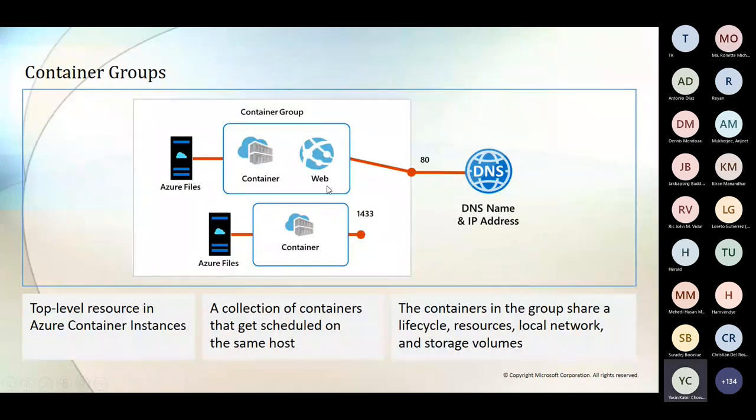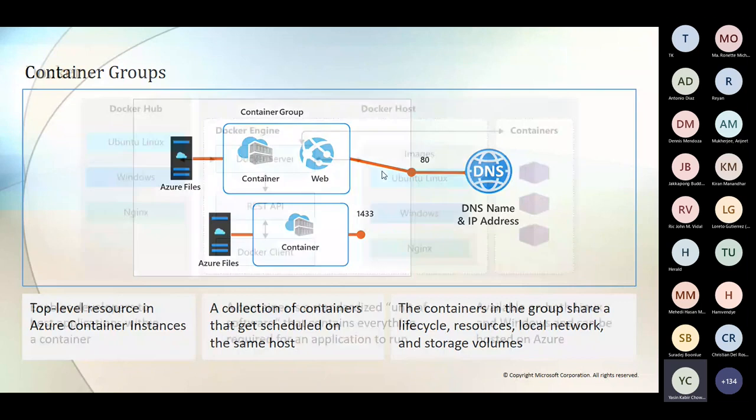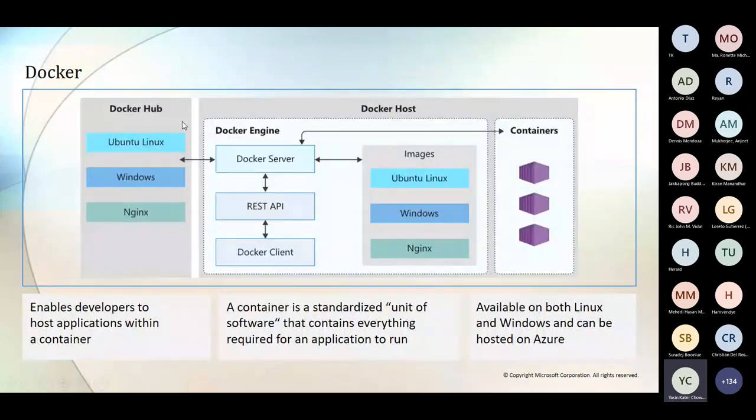So Docker, what is Docker? As we said, a container is hosted in Docker. This is the Docker host, and this is Docker Hub. In Docker Hub, you have images of operating systems like Ubuntu, Windows, and Nginx. Nginx is a Linux web server image. Whatever you need, you can take from here.